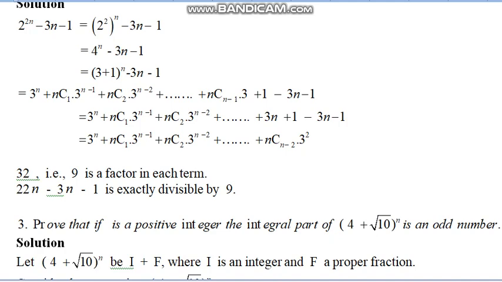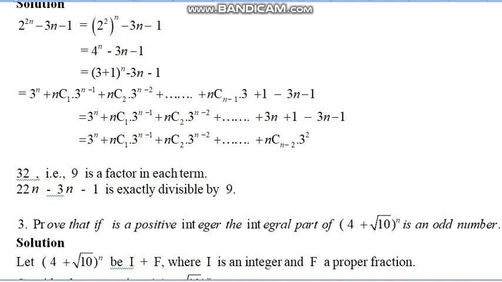So again we take the binomial expansion for 4 power n like the previous problem. So the 4 can be written like this, (3 plus 1) the power n minus 3n minus 1. So let us take the binomial expansion for (3 plus 1) the power n. So that becomes like this, and finally we have two terms, minus 3n minus 1.